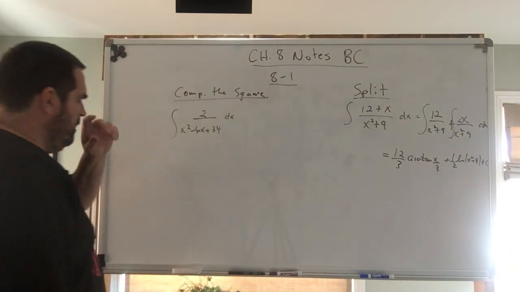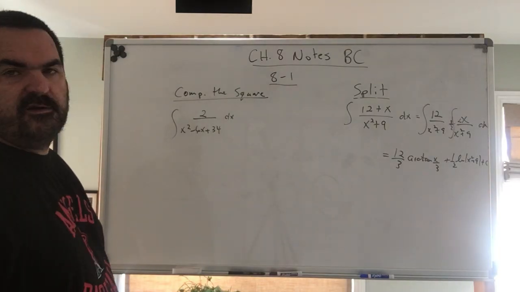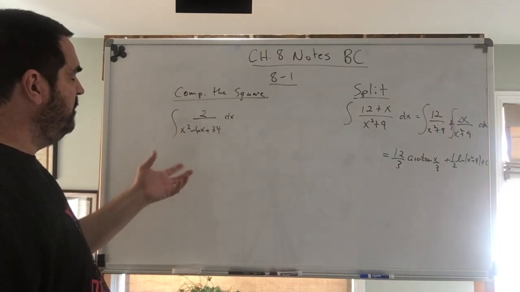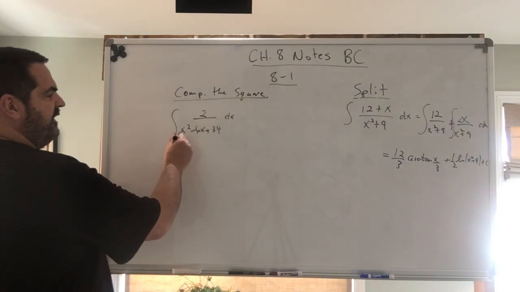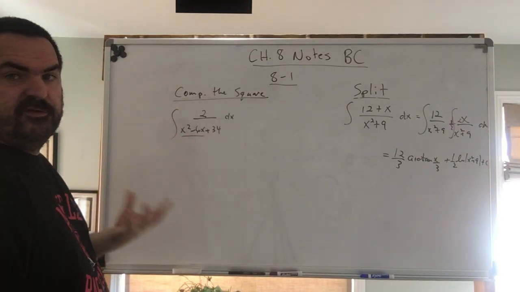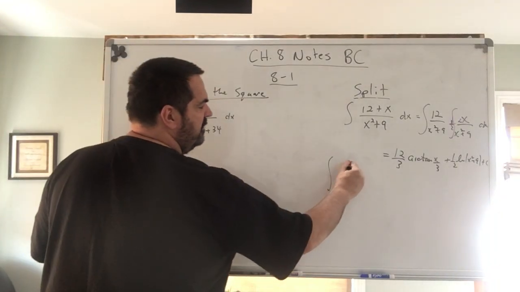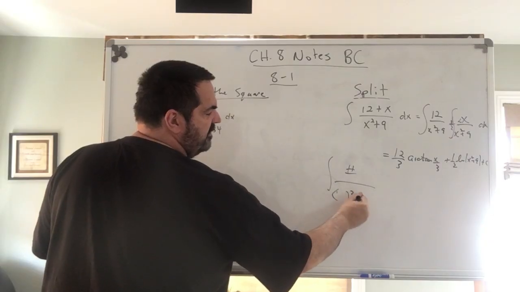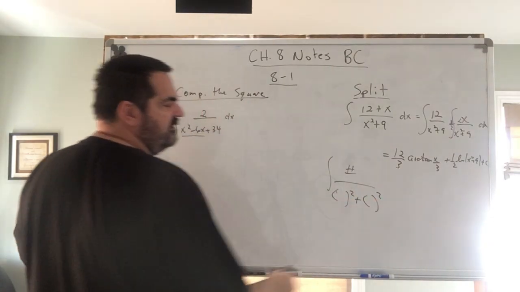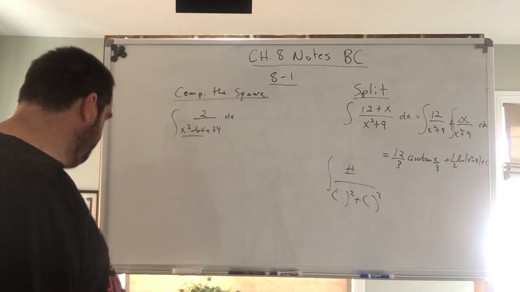I look at this and go, it's not arctangent right now. It could be. It's not natural log. But if I can make this a perfect square, I can turn it into an arctangent look. Because an arctangent look is some number, you got something squared here plus something squared here. Usually this is a variable and this is a number. So let's see what we can do.